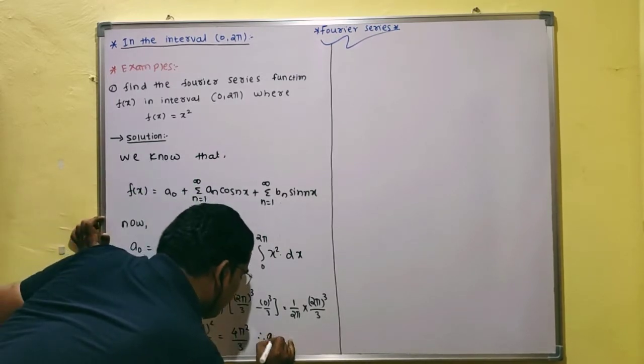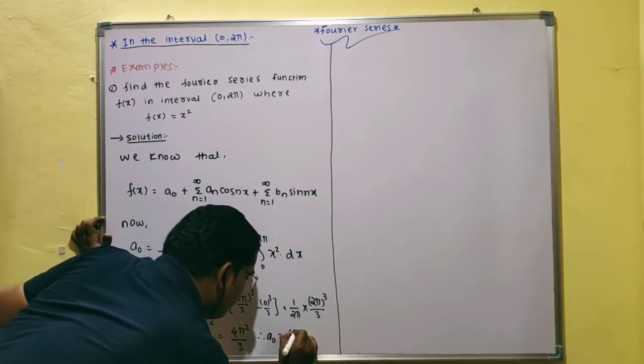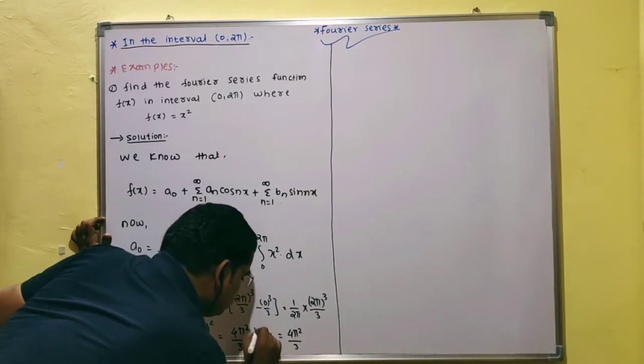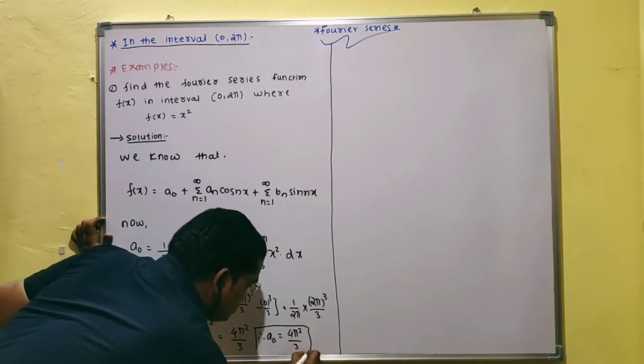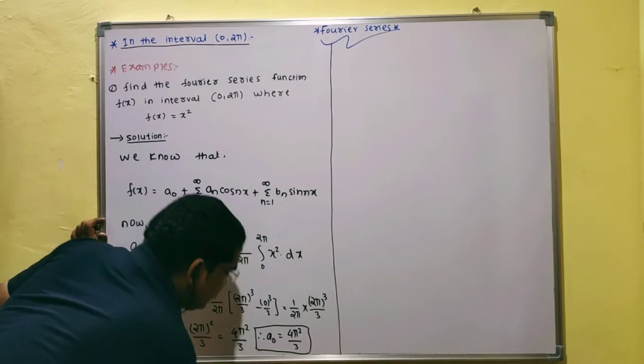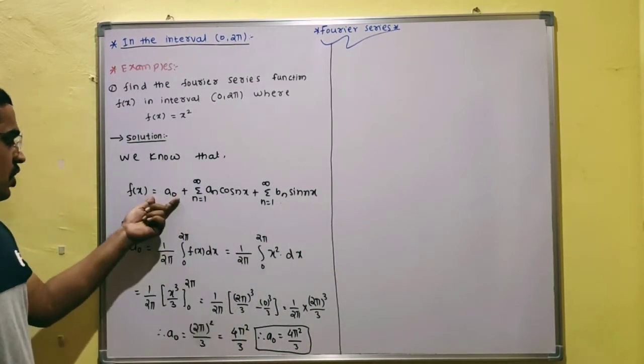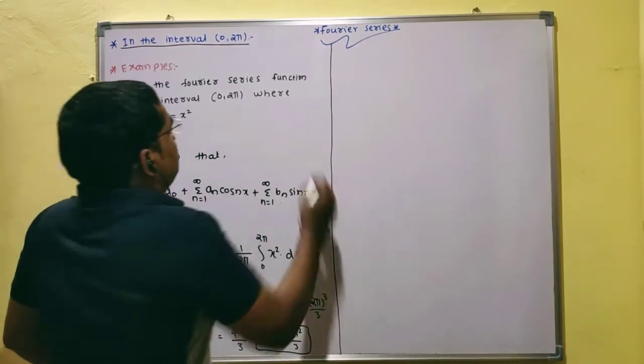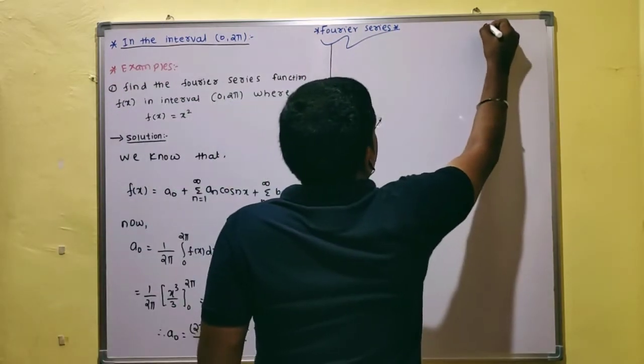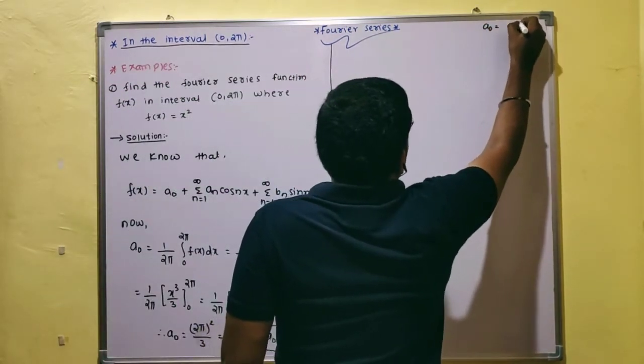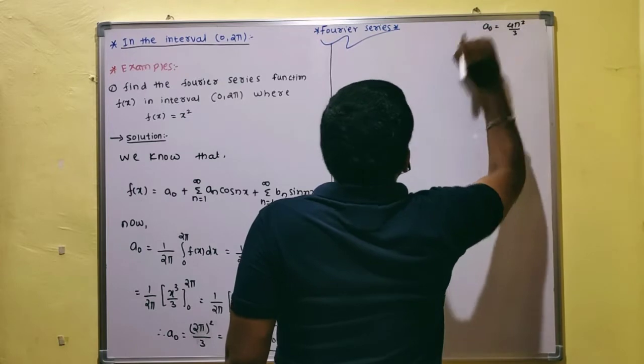Therefore a naught is equal to 4 pi square upon 3. Please remember this value, because at the end of this example we have to put all these values here. I am writing it just for simplicity: a naught is equal to 4 pi square upon 3.